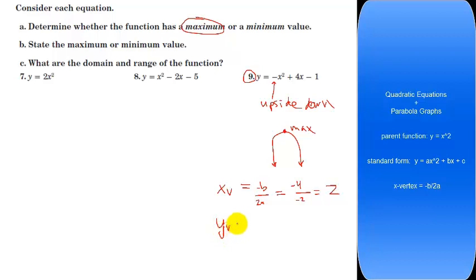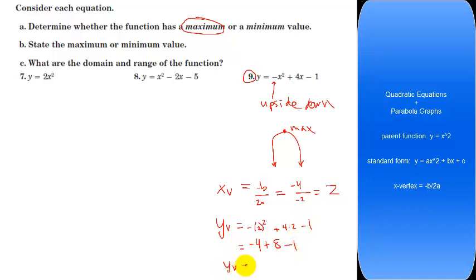For the y-coordinate of the vertex, just like before, we plug 2 into this equation: negative of 2 squared plus 4 times 2 minus 1. Order of operations is important here. It's 2 squared, which is 4, and then the negative sign, so this is negative 4. It's important to do the minus sign after you square it. 4 times 2 is plus 8, minus 1.